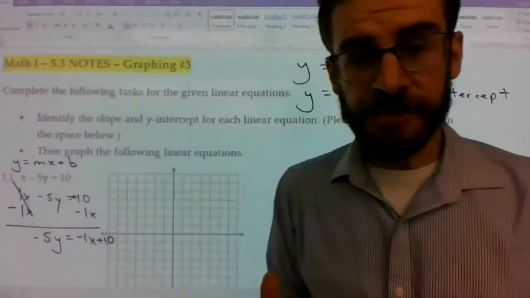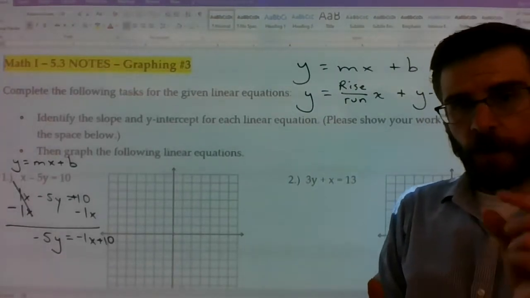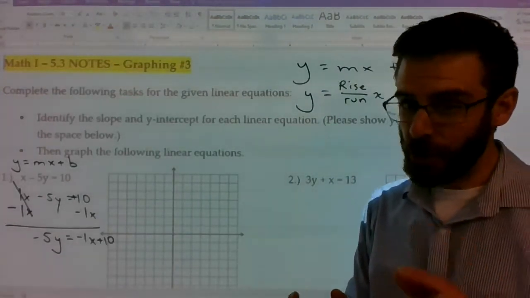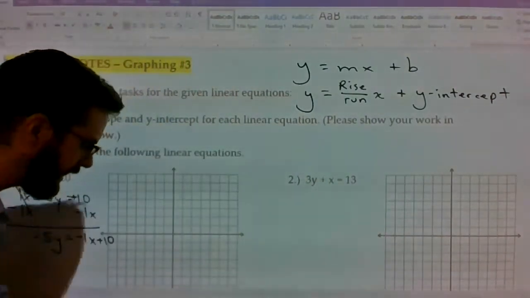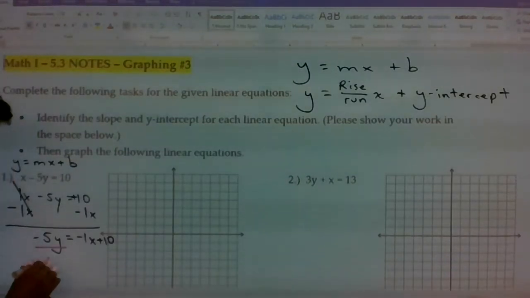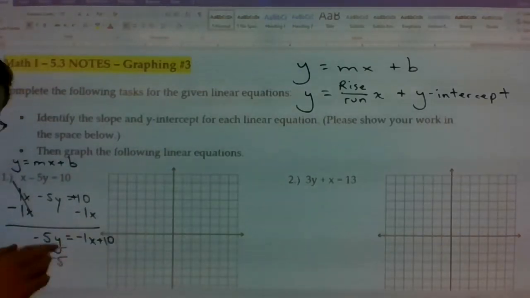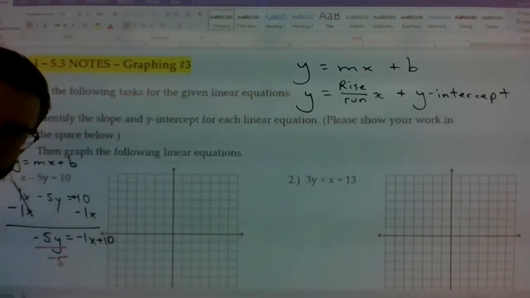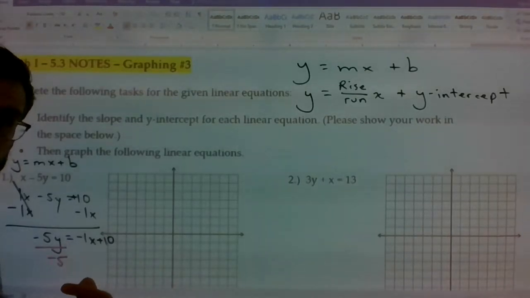We're really close now to actually having y totally by itself. How do we get y totally by itself? Well, since negative 5 is being multiplied by y, you undo that multiplication through division. So you're dividing every part of this equation, and now we're headed to, remember the section in chapter 2 where we isolated multivariable equations?